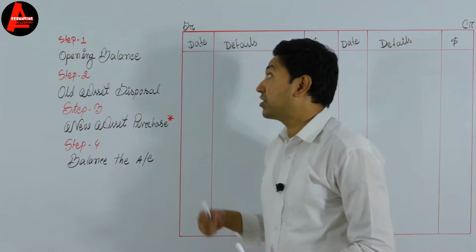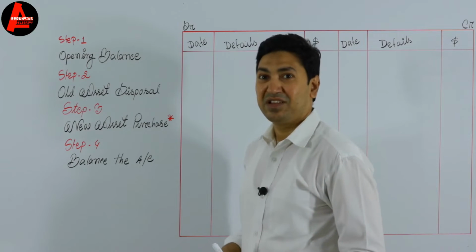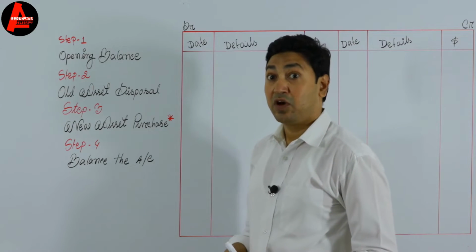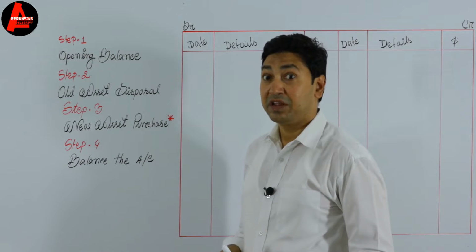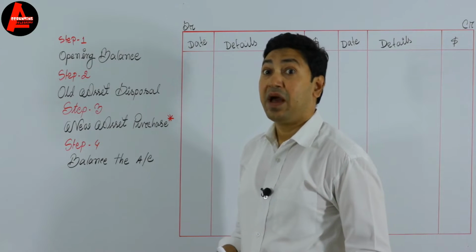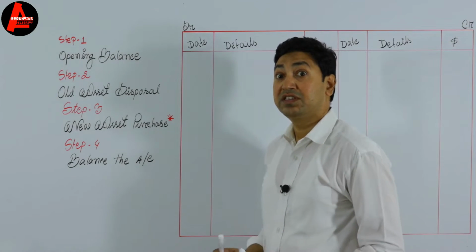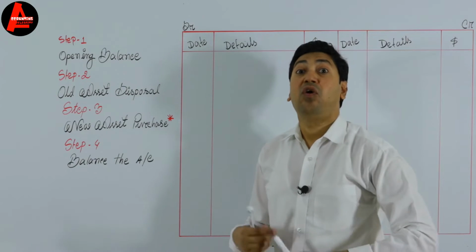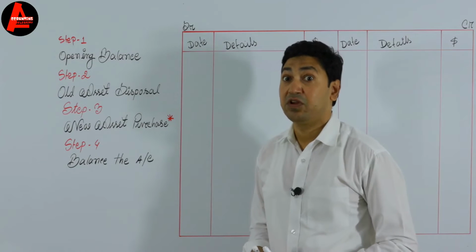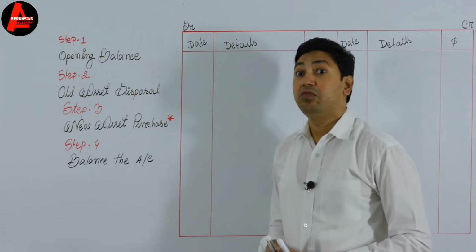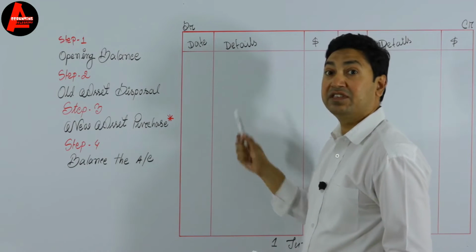Step 1: opening balance. First of all, we need to write the opening balance, balance b/d, meaning balance brought down. If it is a new business, there will be no opening balance. If it is an old business, then there must be an opening balance, and it will be written on the debit side.